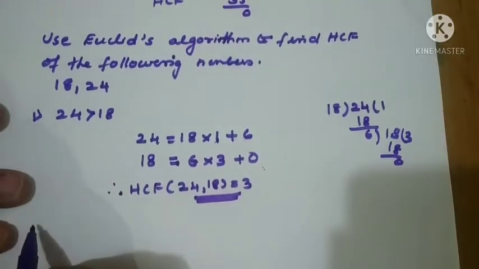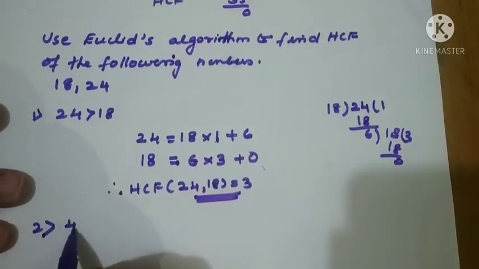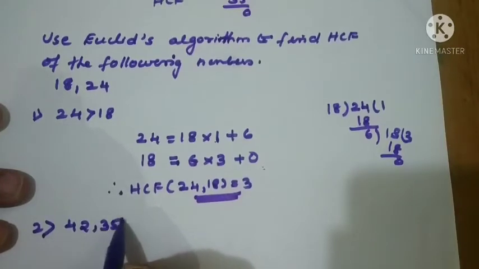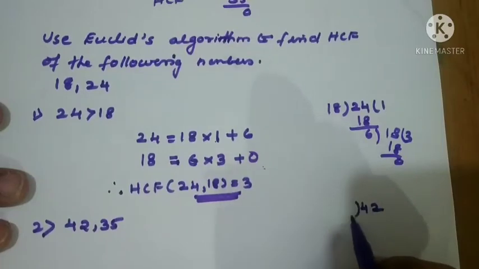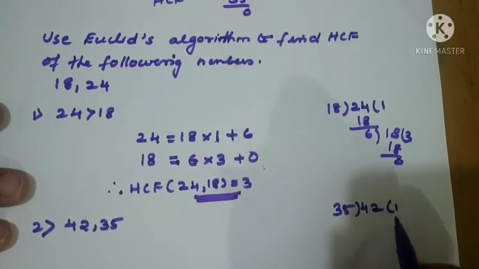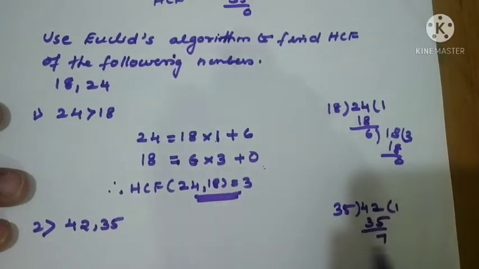So the second example: we have taken 42 and 35. 42 is the greater number, and 35 goes one time, leaving 7.